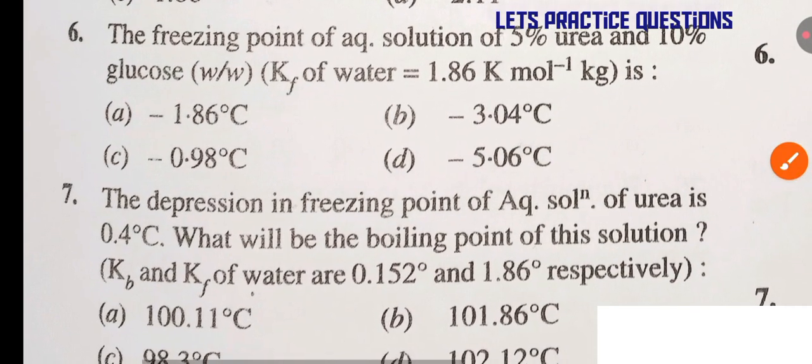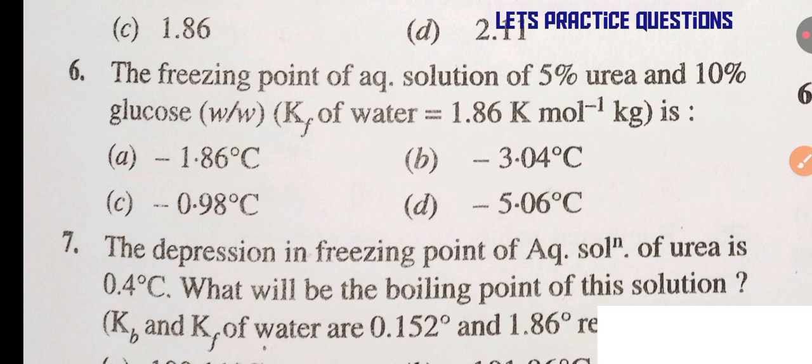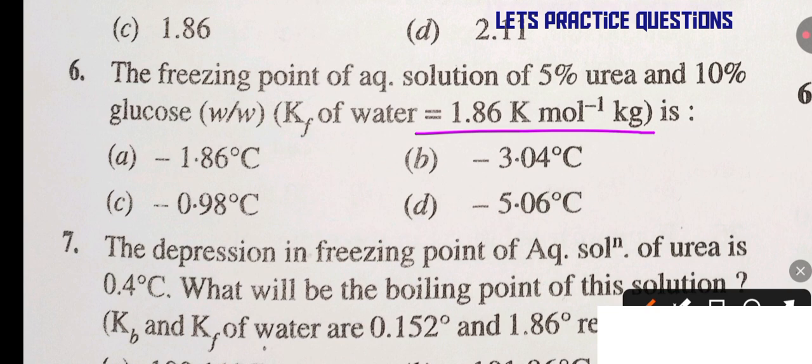Understand? Let's move to another question, that is the freezing point of aqueous solution of 5% urea and 10% glucose with W by W. The cryoscopic constant of water is given as 1.86 Kelvin mole inverse kg. Here we have to calculate the number of moles of urea, then mass of urea, then its molality.